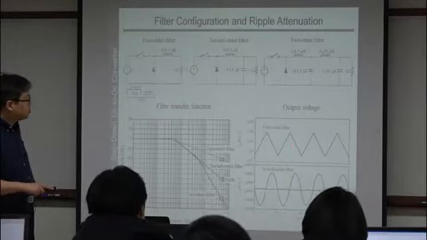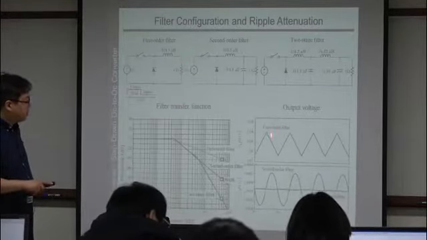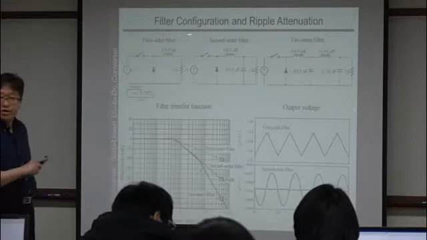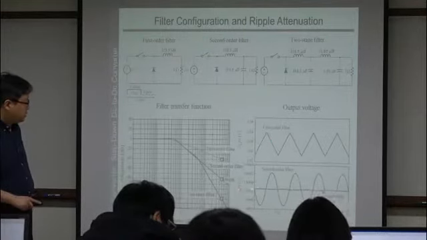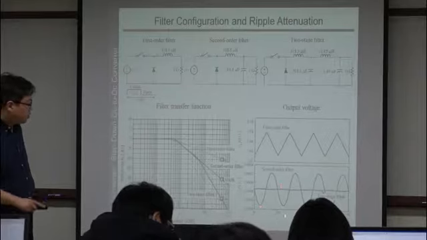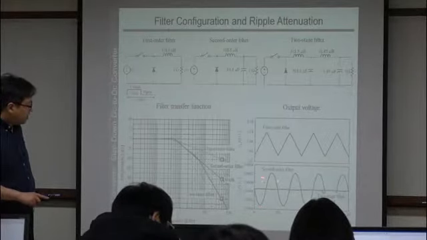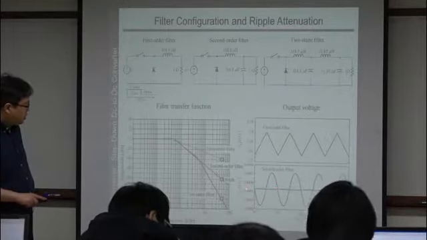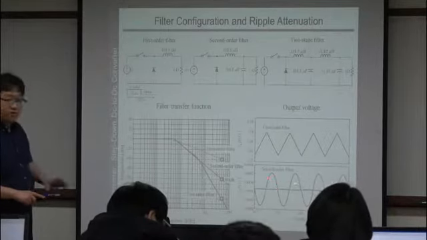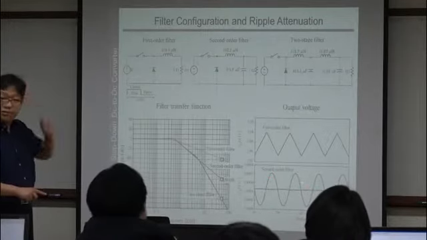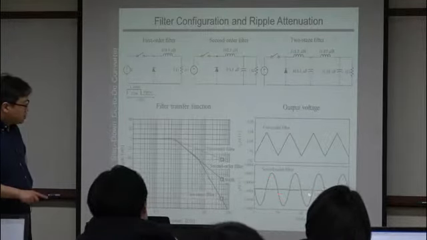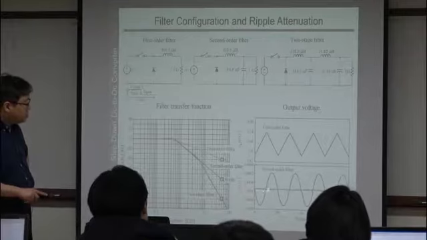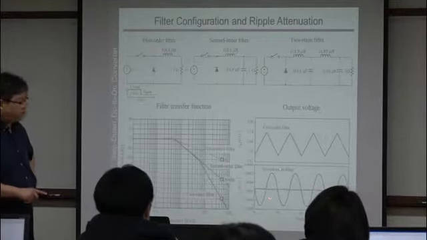So the shape of this voltage is exactly the same as your current. And okay, this is the second order filter. Still, the peak to peak is about 0.5 millivolt. That is a very, very small value. But the two-stage filter is much, much less than the second order filter.